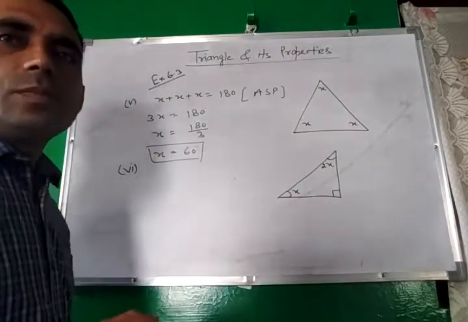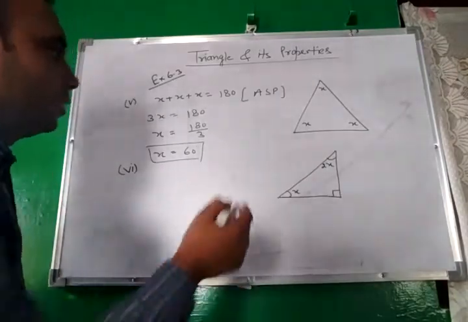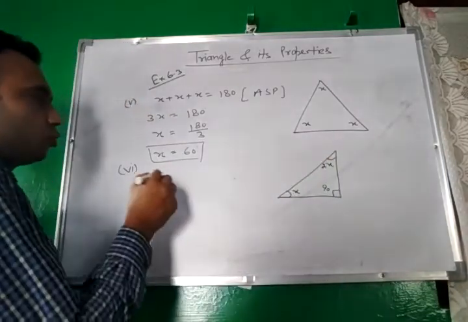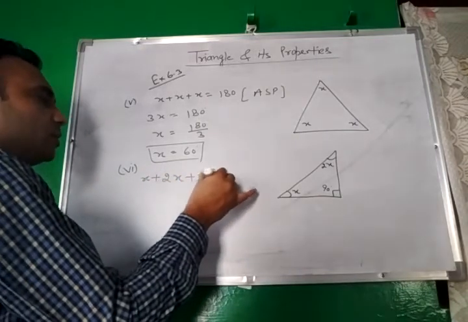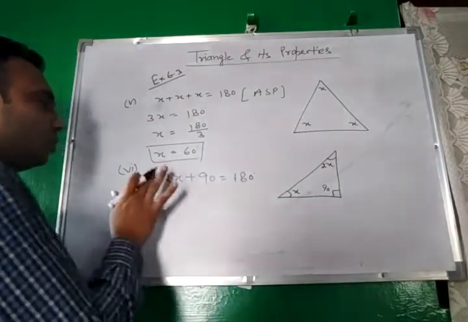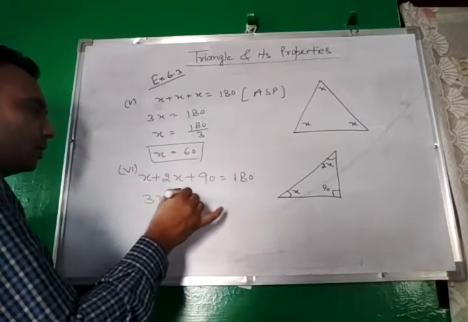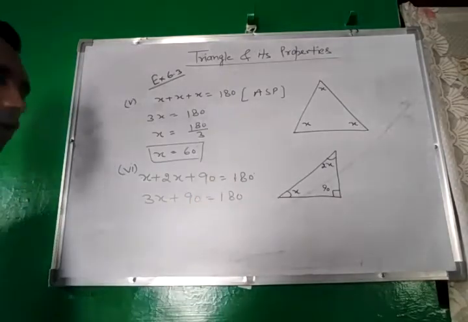Now angle sum: this is 90 degrees, x, this is 2x, so x plus 2x plus 90 is equal to 180. x and 2x make 3x, so 3x plus 90 is equal to 180.